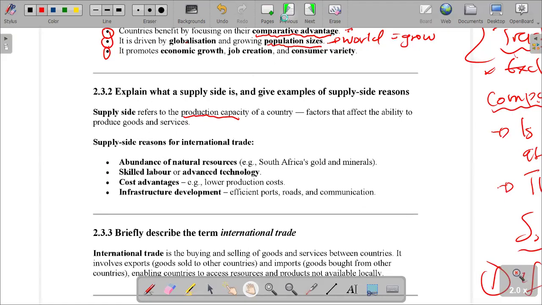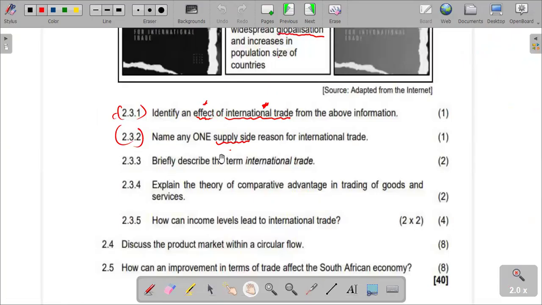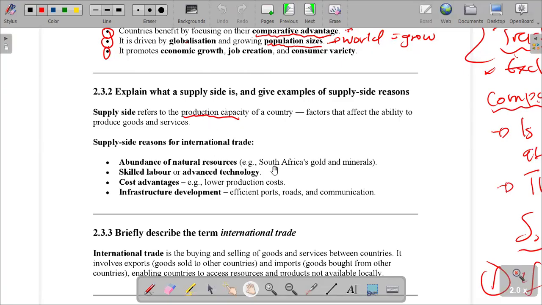So now let's move back to our question. What was the question? Name one supply side reason for international trade. So what is the reason for supply side in international trade? The first one is abundance of natural resources.